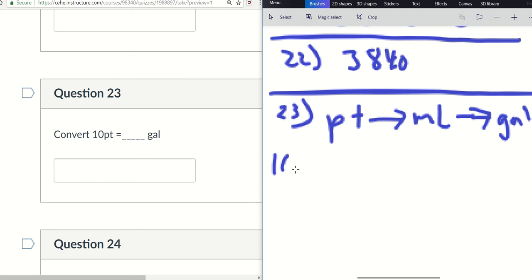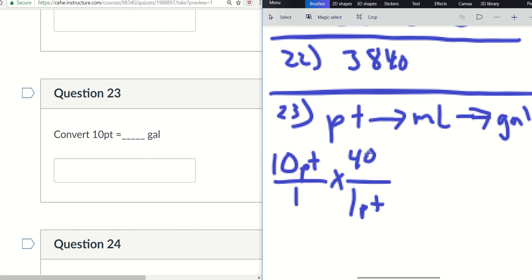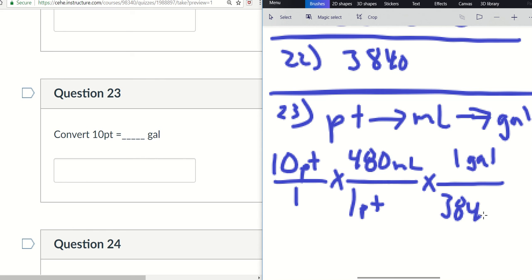So we'll start off with 10 pints over 1 as our placeholder. We're going to convert to mLs. For every 1 pint, there are 480 mLs. And then we have to convert from mLs to gallons. For every 1 gallon, there's 3840 mLs. Just make sure your units cancel out. You have 10 pints. It takes 8 pints to make a gallon.